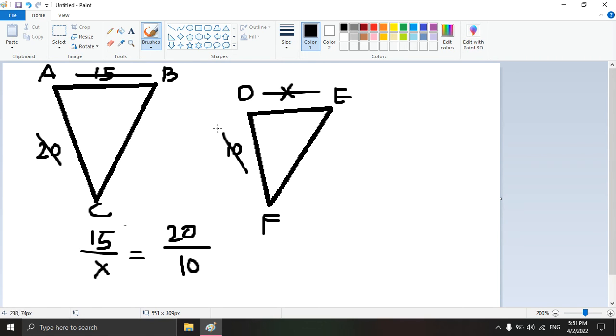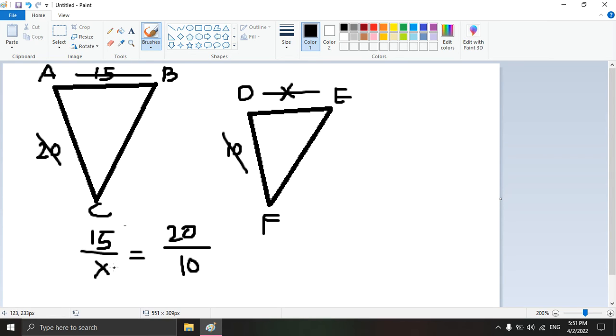So 15 over x equals 20 over 10. If you use 15 over x, you will not use 10 over 20, because we are using the pattern. Whatever the pattern on the left side of the ratio, the right side of the ratio follows, the same pattern in placing the ratio. Then your proportion is 15 over x equals 20 over 10.